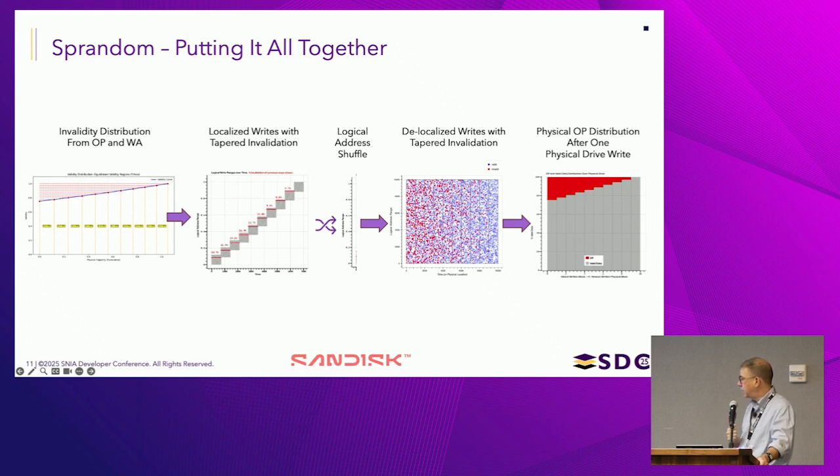I'll show that in a second. But you can see that as we modulate the amount of invalidity written in the drive, the red dots on that diagram are more dense on the left, and they taper off on the right. That's what gives us this ideal distribution of overprovisioning within the physical media.